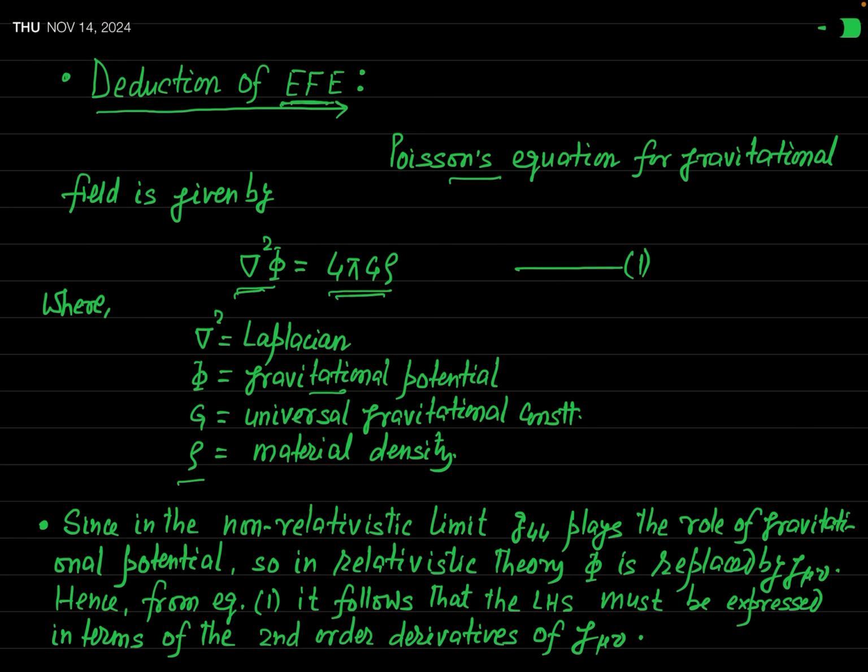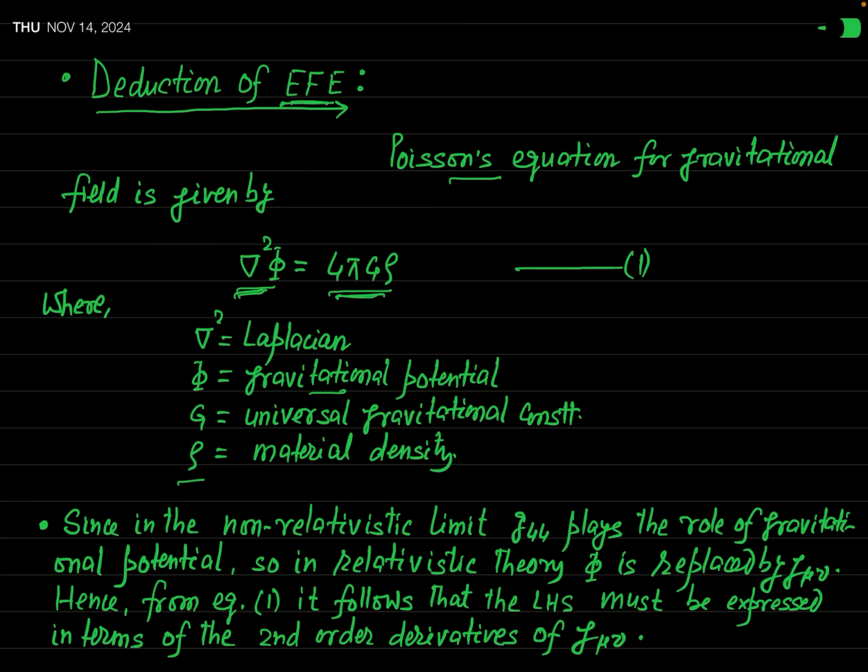Einstein's first motivation was that the principle of general covariance must be valid. So the equation for the gravitational field must be in tensorial form. So for the quantities in this equation 1, which is the classical equation for gravitation, we must think about the equivalent tensorial quantity.